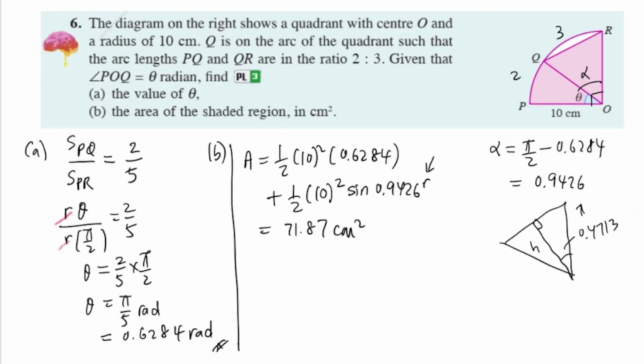You know your radius is 10. So we use cos theta equals h over 10, cos 0.4713 in radian.